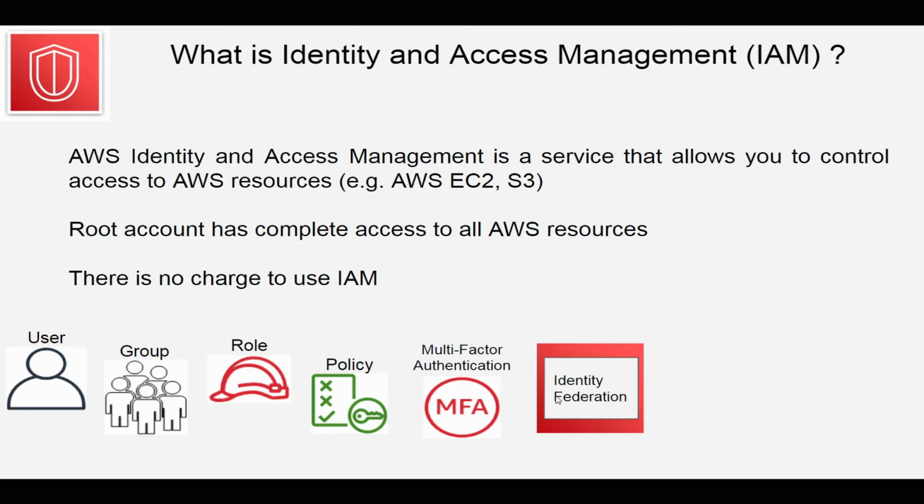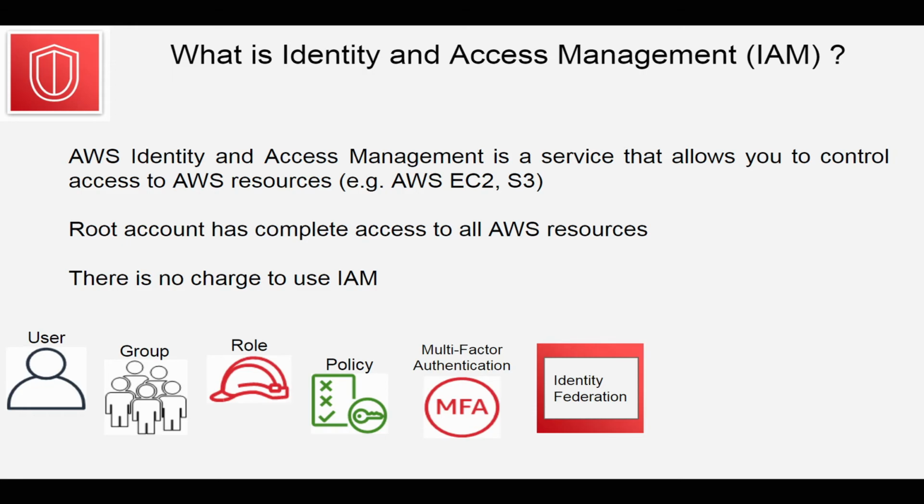Then identity federation, and this one is really good, so let me explain it with an example. Let's say you have an organization and your organization has a corporate user directory, like Microsoft Active Directory. In simple terms, Microsoft Active Directory is a directory which holds information relating to your users.